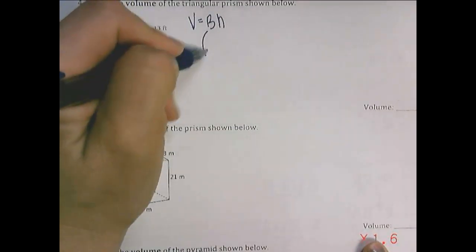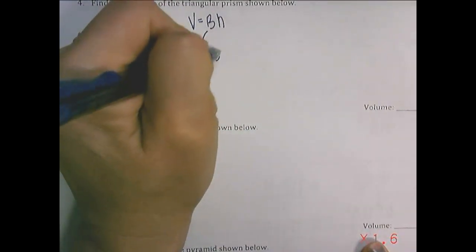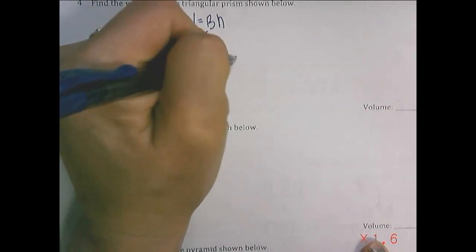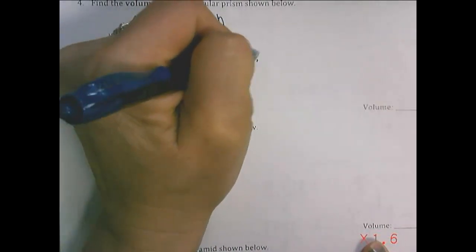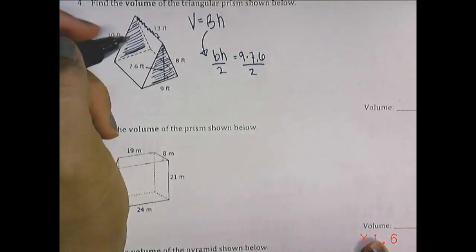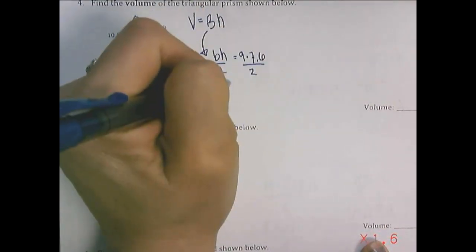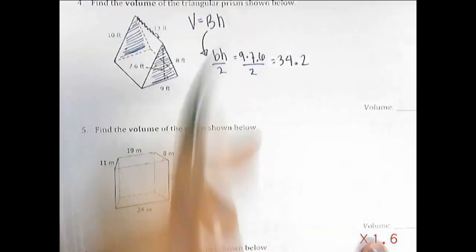Well, big B here is a little bit different because it's a triangle. So you're going to do base times height divided by 2, which is going to be 9 times 7.6, and divide that by 2. All right, when you get that, you will get 34.2.